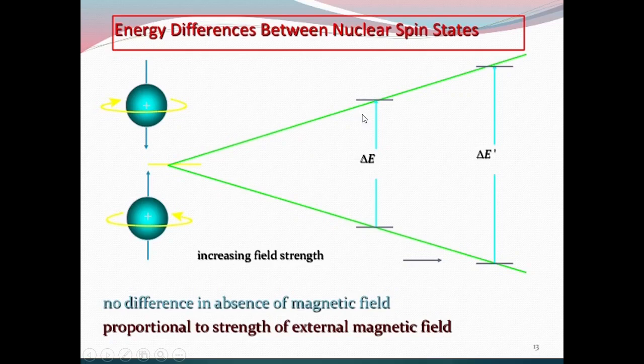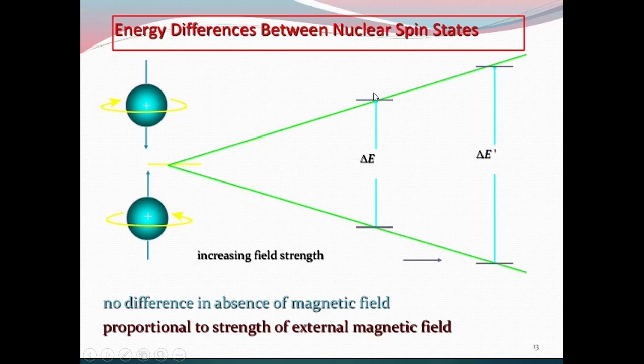This can be understood from the figure. Here the yellow lines represent the two energy states corresponding to the proton, and in the absence of the applied field these two energy states are degenerate. But when we apply a field, the two energy states split up, one lower and the other higher.